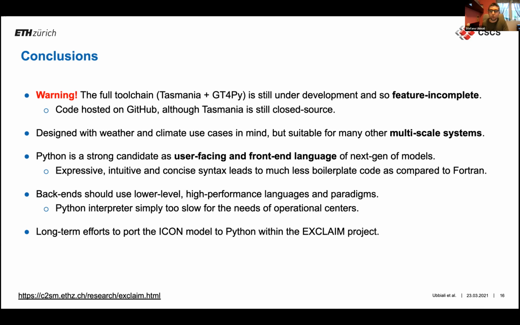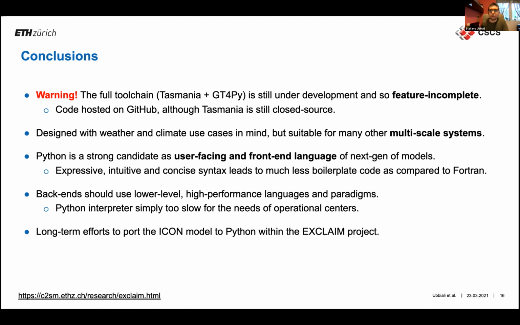And then, although the results are still quite preliminary, we can state that Python is a strong candidate for the next generation of models, but just as a user-facing and front-end language. Because due to the expressiveness of its syntax, we can much reduce the boilerplate as compared to Fortran.